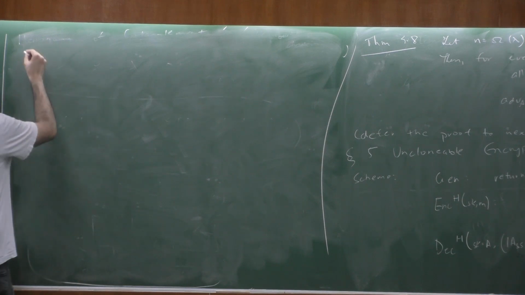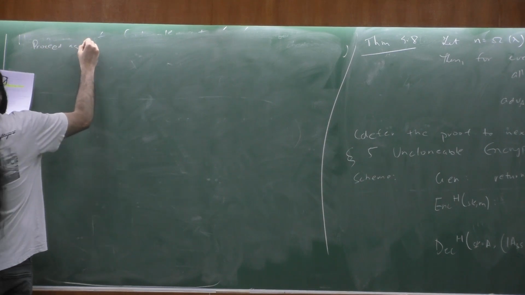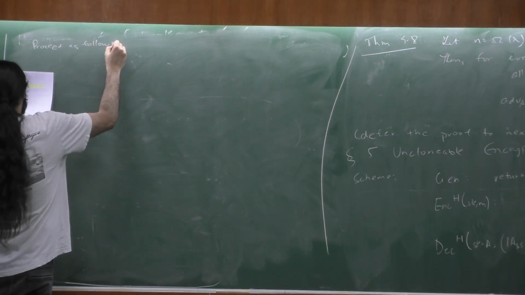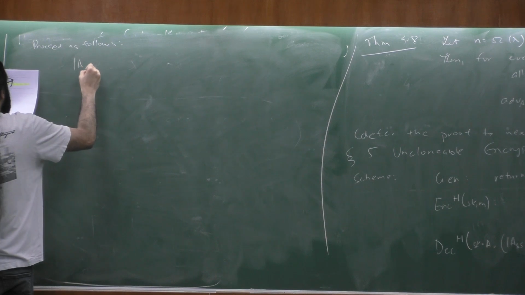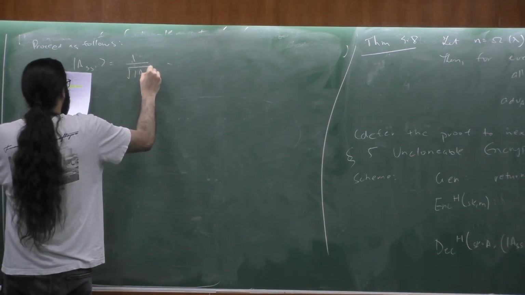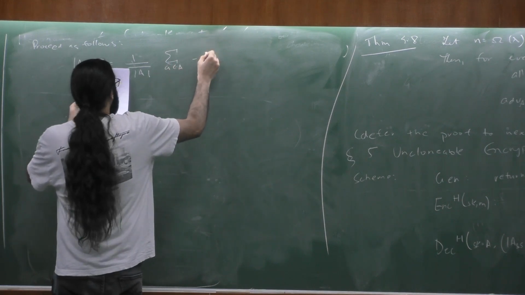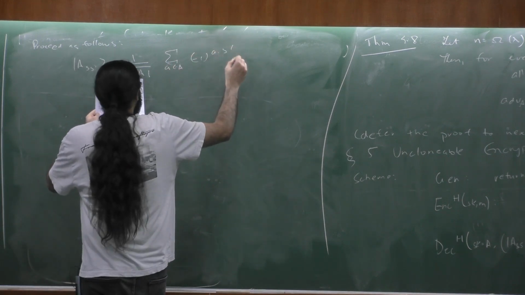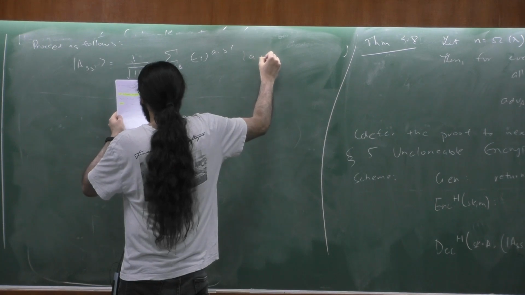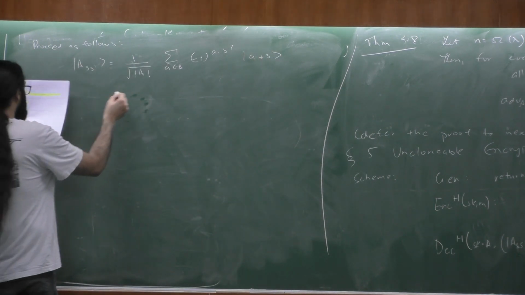So you proceed as follows. We have A, S, S prime is the same as 1 by root A, the sum over a in A of minus 1 to the a dot S prime, a plus S. So that's the coset state. I've not done anything, we've just written the coset state.